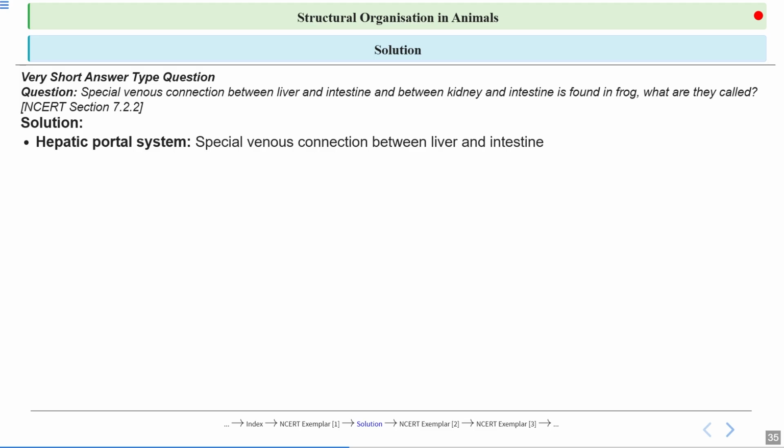Wherever the term hepatic comes, it is related to the liver. So this is called the venous connection between the liver and the intestine, right?